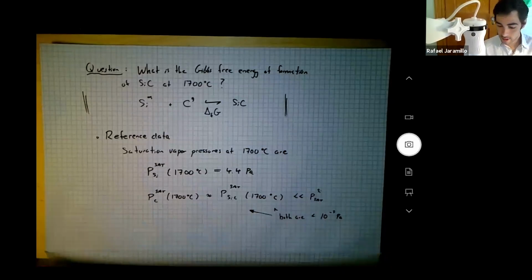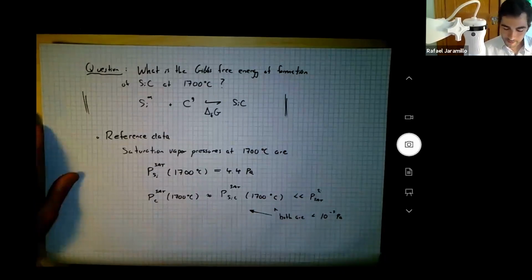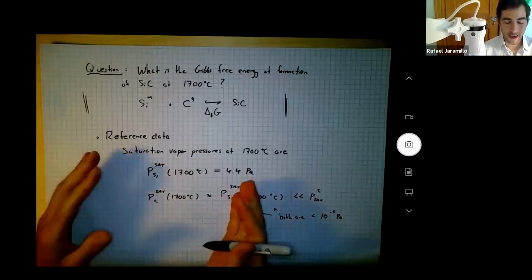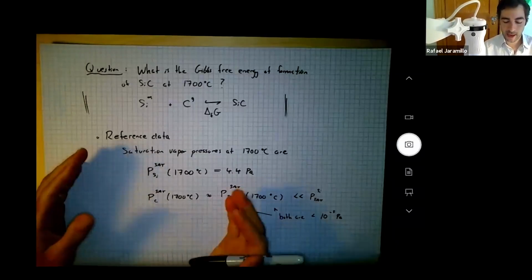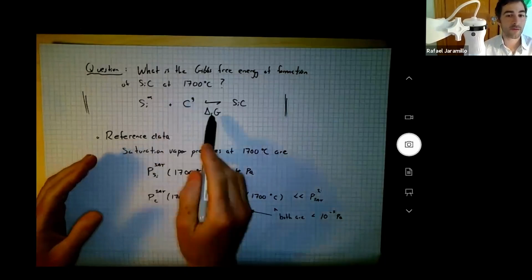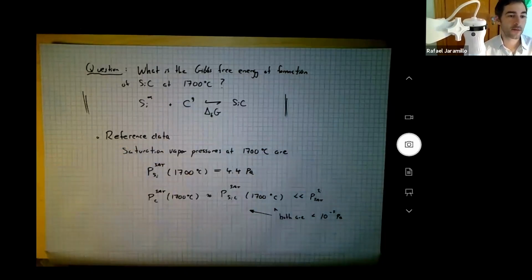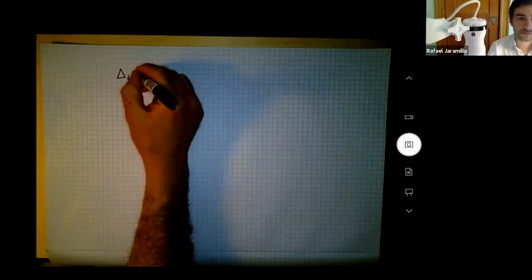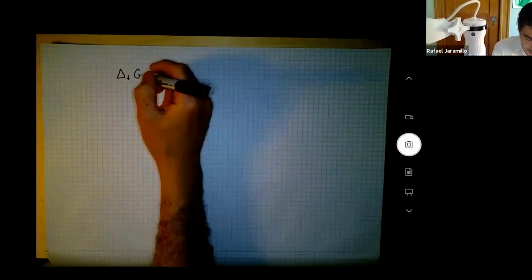So what I'm going to do is I'm not going to start by asking how do you solve this problem. I'm going to start just by writing down an expression for the thing we want to solve for. Just manipulating terms, trying to think out loud here on the page. So let's see. Delta G formation of silicon carbide.